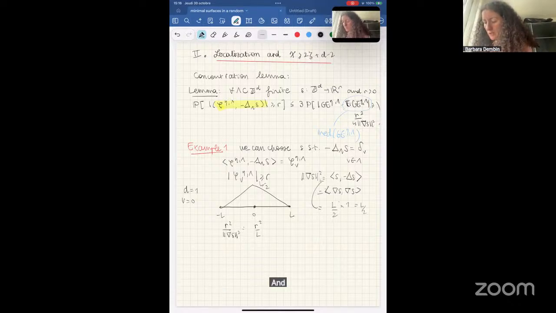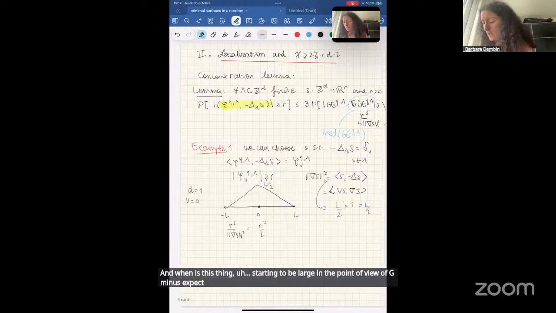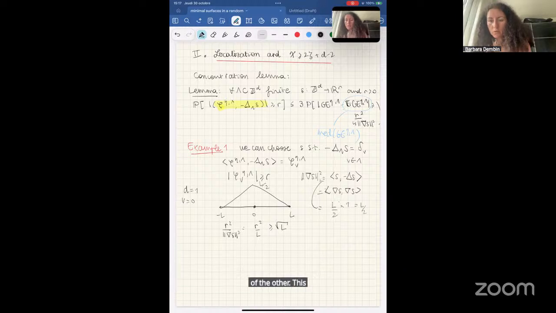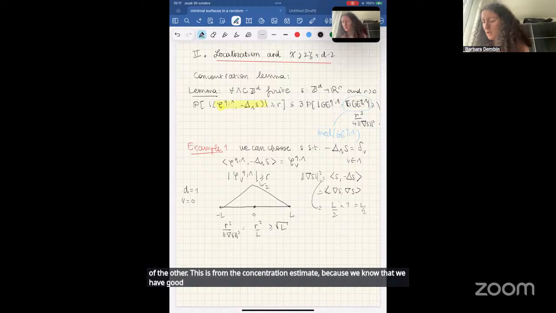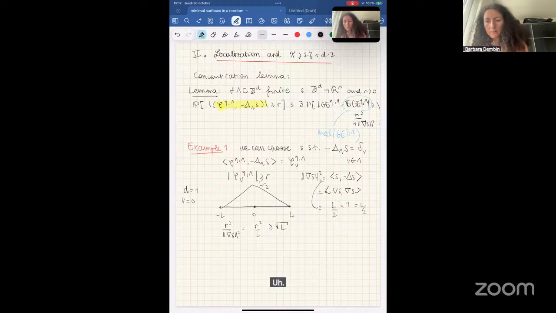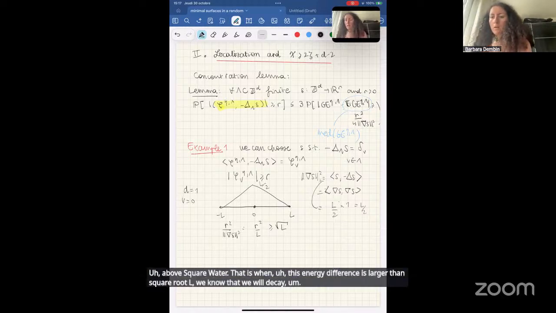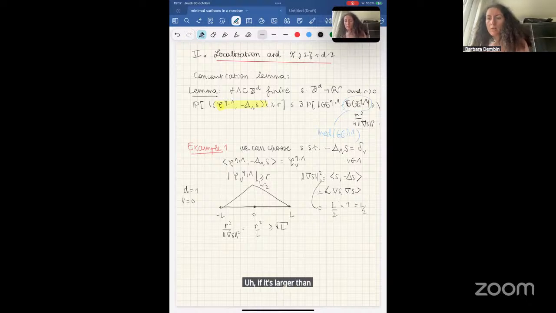And when is this thing starting to be large from the point of view of G minus expectation of G? It is when it's larger than square root L, of the order square root L. This is from the concentration estimate, because we know that we have good concentration estimate above square root L. That is, when this energy difference is larger than T times square root L, it will decay like E to the minus T squared.